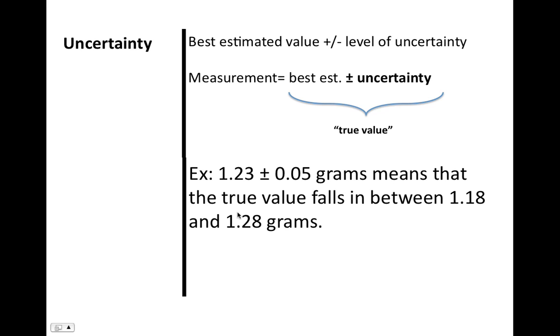All I did was take the 0.05 and subtract it from 1.23, and that gives you the 1.18. You take the 0.05 grams and add it to the 1.23, and that gives you the 1.28 grams. So at the least it can be this amount, at the most it could be this amount.